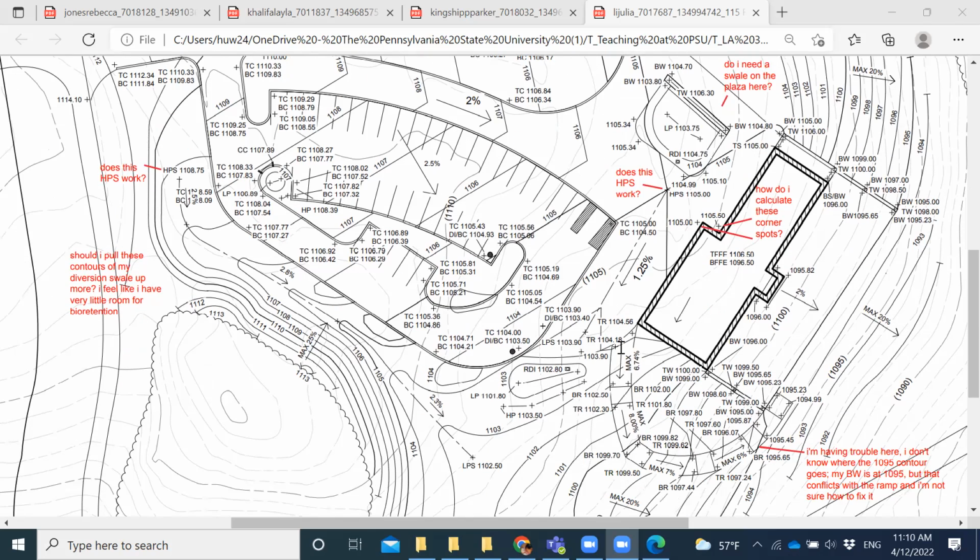Then that actually means that you can spread these contours out a bit more, which is a good thing. Make sense? So now some portion would be 8 and 6.74. You have the same length, but you have 1 foot less of elevation difference. So it means you can lower the slope of the ramp, spread the contours out a bit.